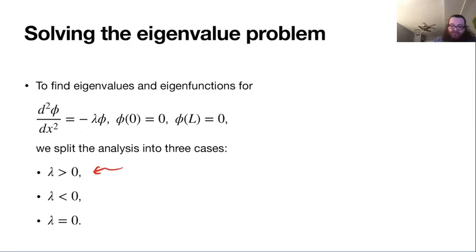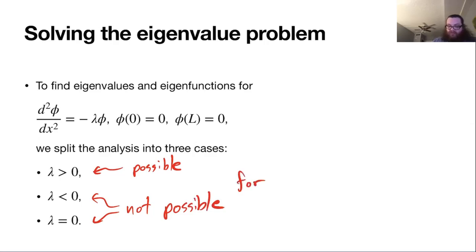The punchline is that lambda positive is possible, which is the intuition we got from the time-dependent piece. And then it'll turn out that these 2 cases are not possible, at least for these boundary conditions.